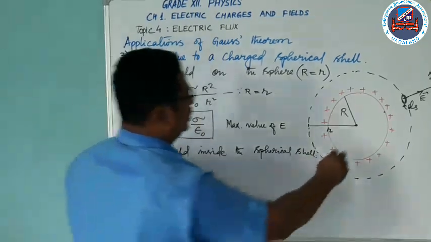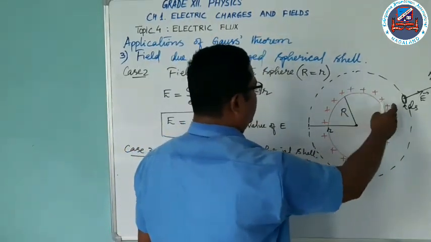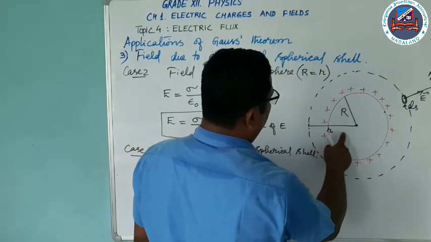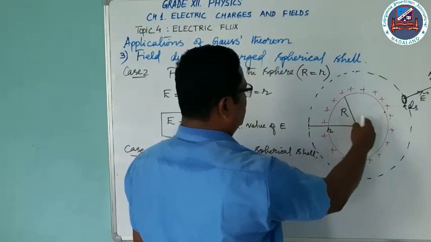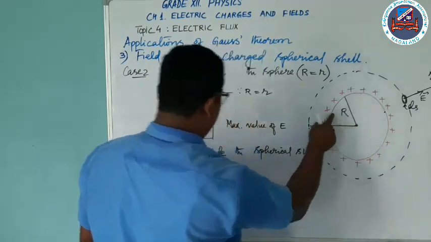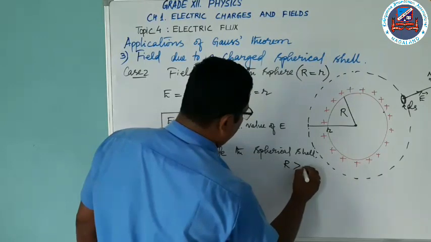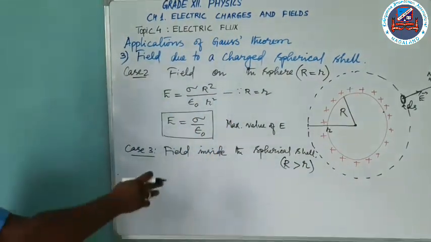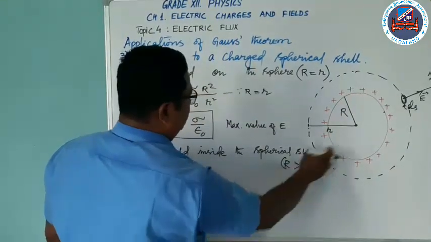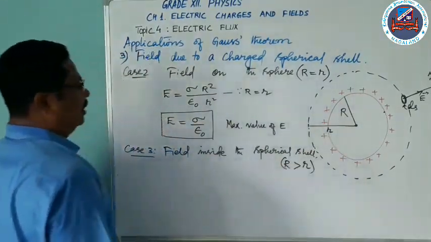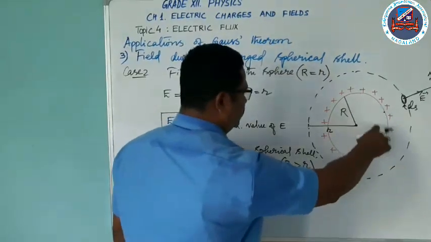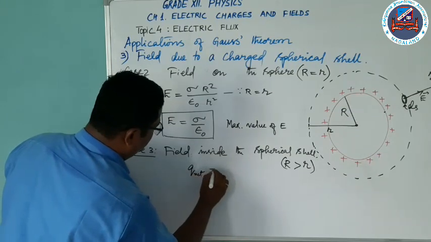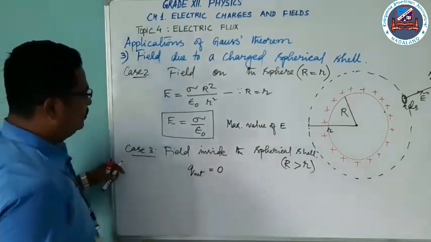Inside the spherical shell, we cannot draw Gaussian surface because the field line does not come inside. So in this case, this small r is less. You can just imagine small r is less than capital R, or in other words, R is bigger than r. Now, if you take this capital R bigger than small r, as inside the body there is no charge, the net charge Q net is equal to 0 inside the shell.